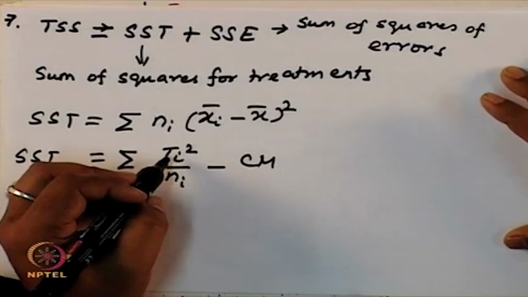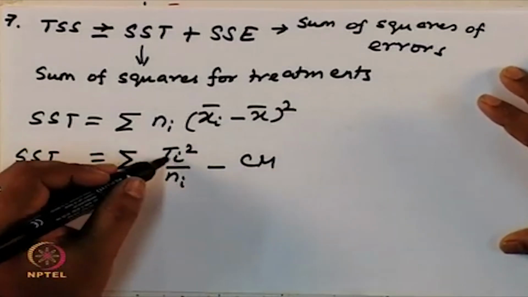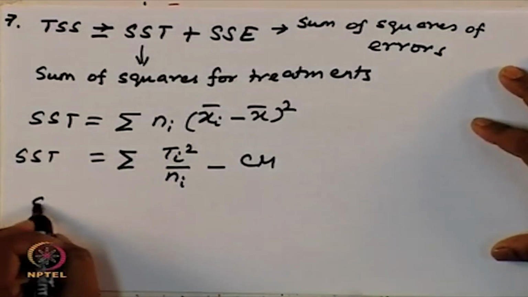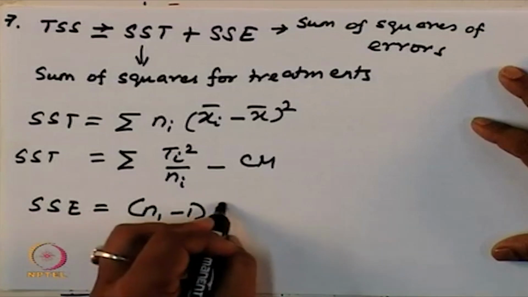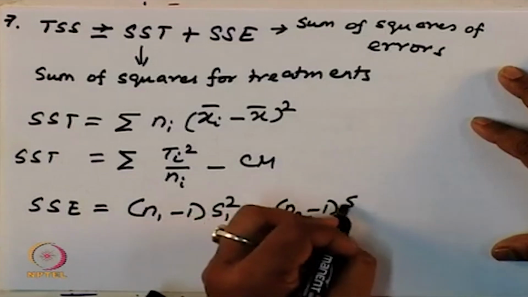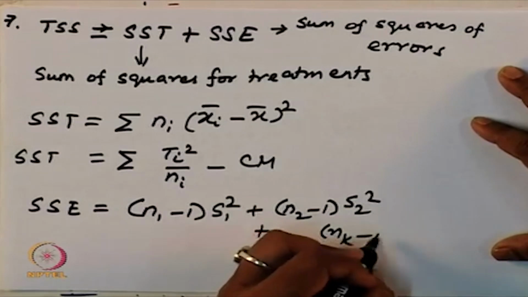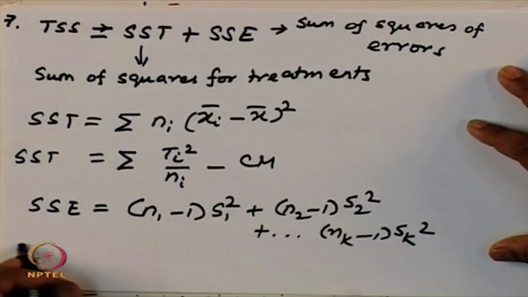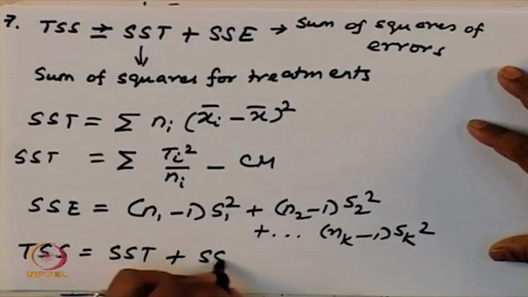Ti is the total sum of the ith sample. And SSE is given by the remaining terms. So, you can show that TSS is equal to SST plus SSE.